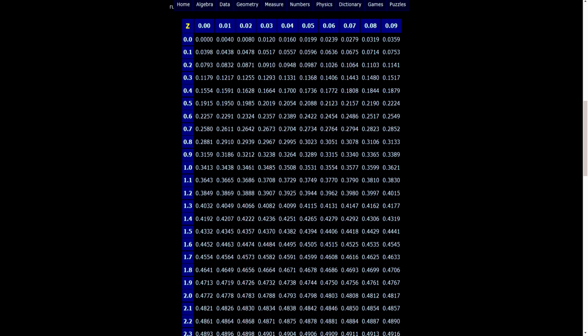To that 1.5 you add this, right? Whichever horizontal line and vertical line you identified will meet at a point, that is the value which we are supposed to find out.